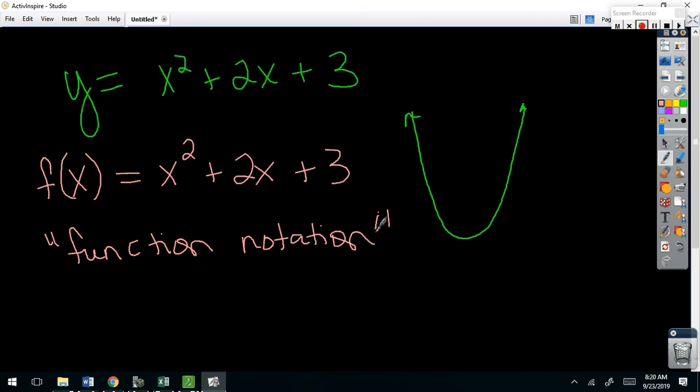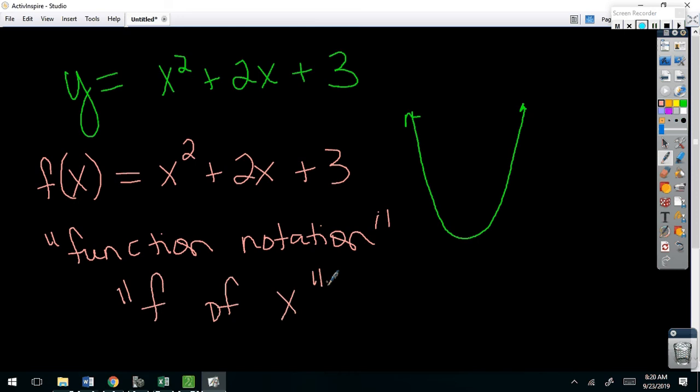It tells me that what you got coming up here is a function. Anything you plug in for x, it's only going to have one y. It is a function. Okay? We read this as f of x. Have y'all seen that before? Nope. Yes, yes, nope. Okay.